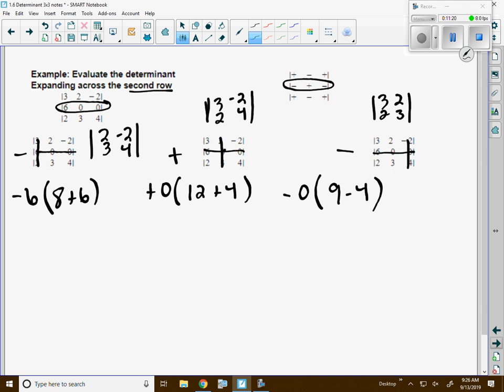Then you just simplify from here. You should end up with D equals negative 84, I believe, because those other two are zeros. 6 and 14 should be 84.